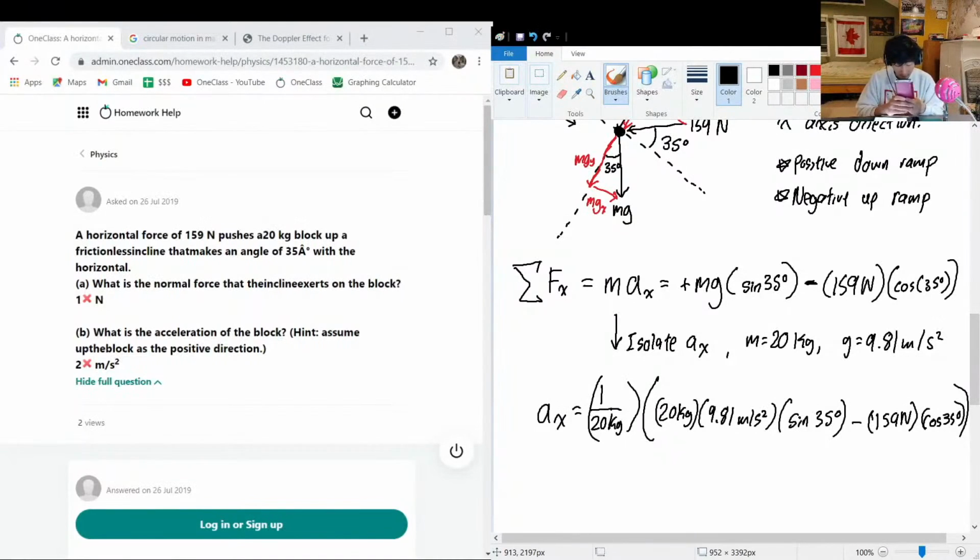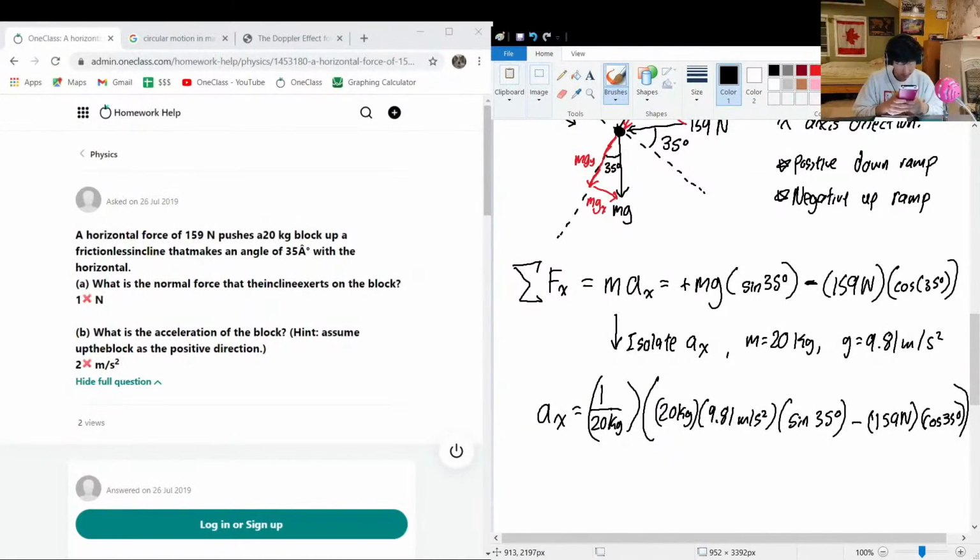So we're going to have 1 divided by 20, and that whole thing is multiplied by 20 times 9.81 times sine of 35 degrees, and that whole thing is subtracted by 159 times cos 35 degrees.